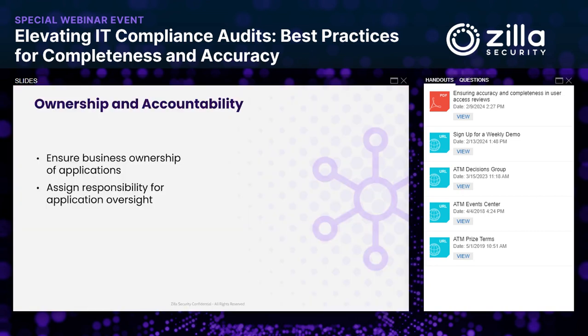The second is ensuring that there's ownership and accountability. And this is making sure that the applications have business ownership assigned. That's those individuals who are responsible for overseeing the application, and they may be reviewing the application and the users that have access to their applications.